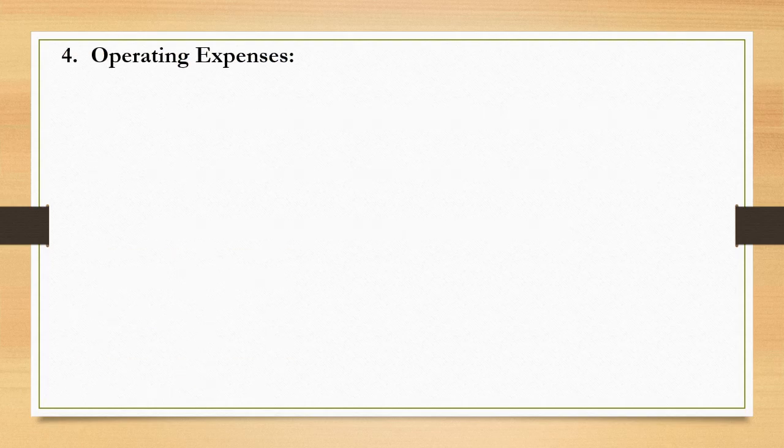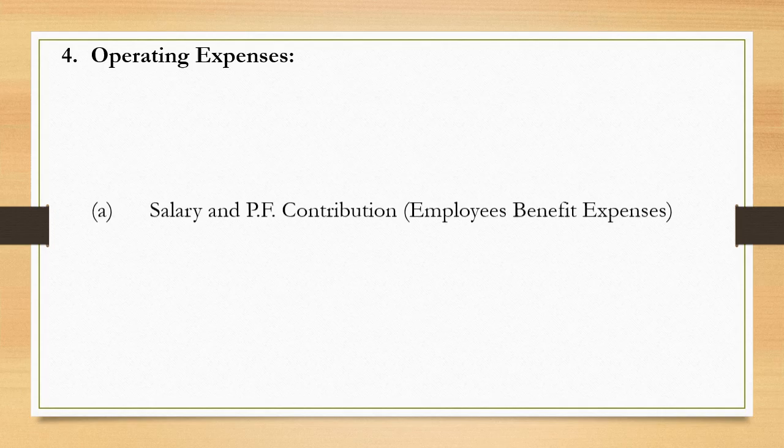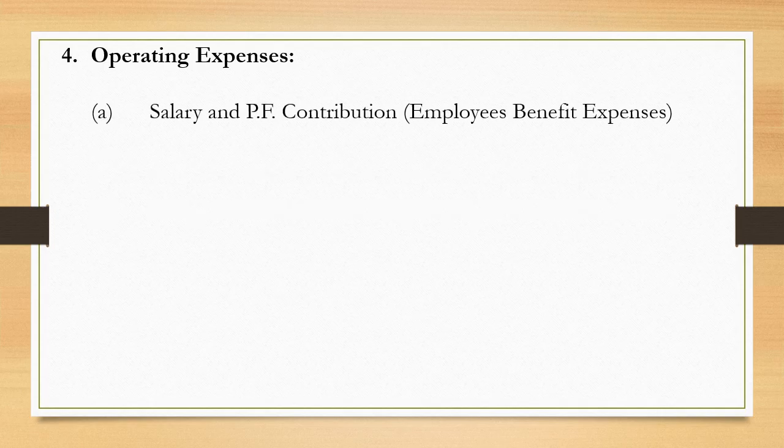Next is operating expenses. We all know that operating expenses are the routine expenses of the company. Let us see what is included in this. You can see salary and PF contribution. Now this is again a part of employees benefit expenses, but over here when you talk about salary, you have to take into consideration the employees only, not the workers, because any amount related to workers will be considered as direct expense.